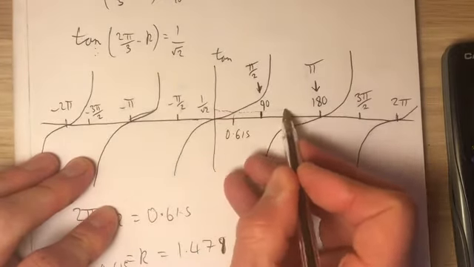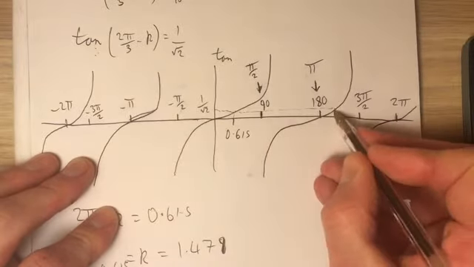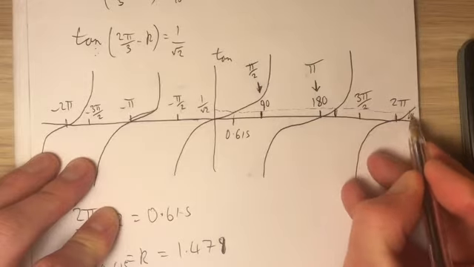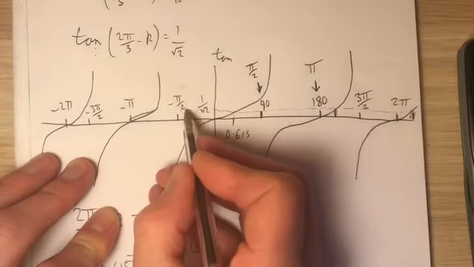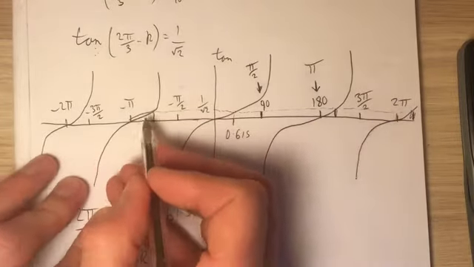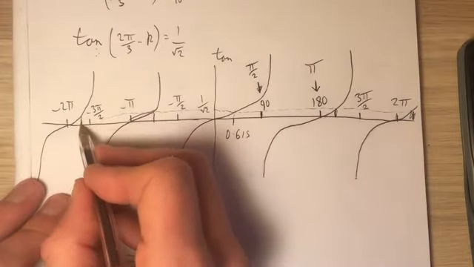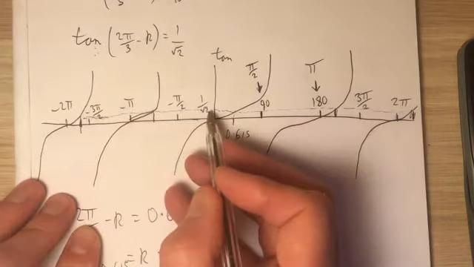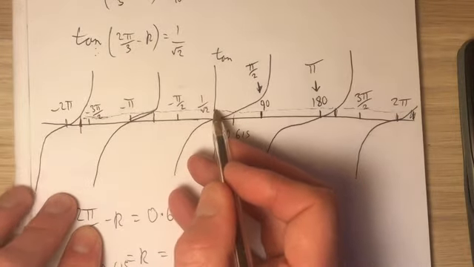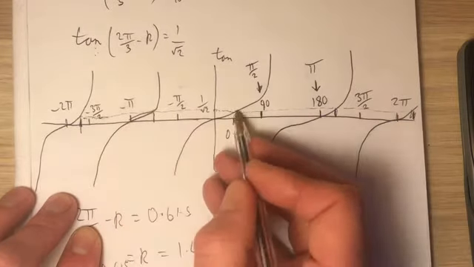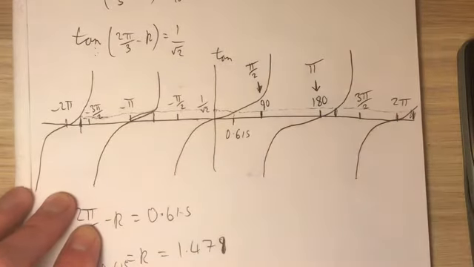Well, if I go across, it happens again here. I get to the same place. And it happens again here. And just for completeness, it also happens again here, and again all the way over here. All of these places give me the same answer. The outcome of the curve is at the same height in all of these places.